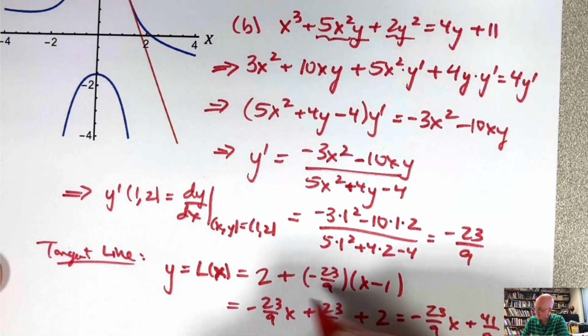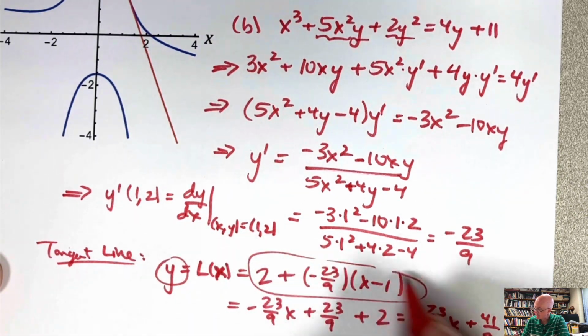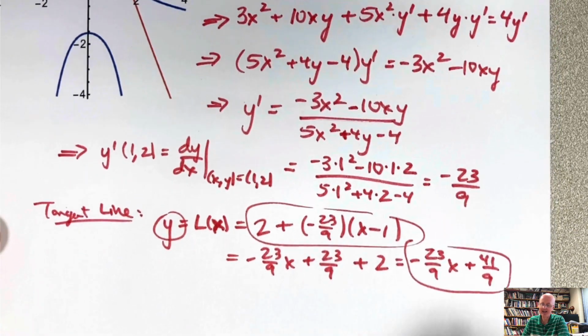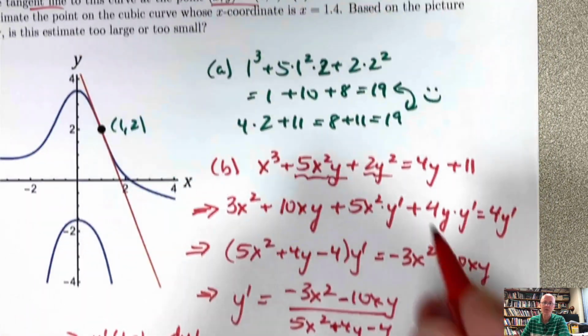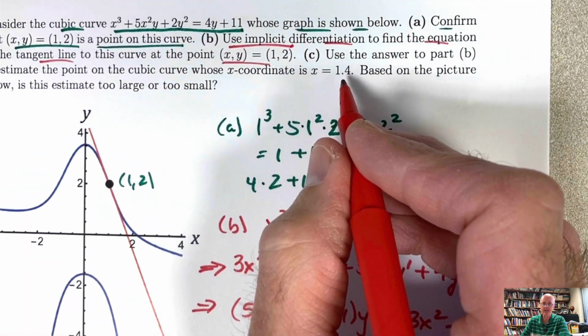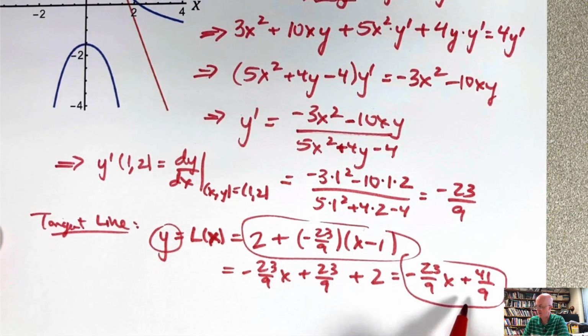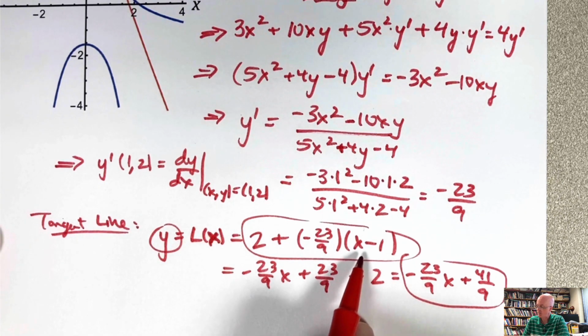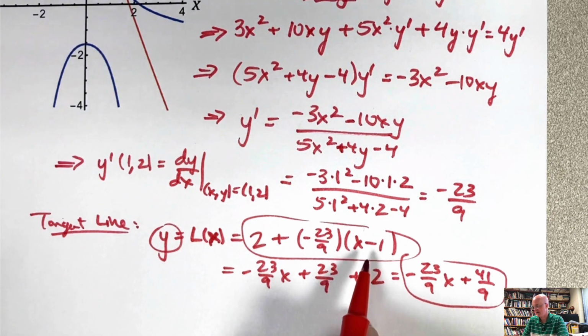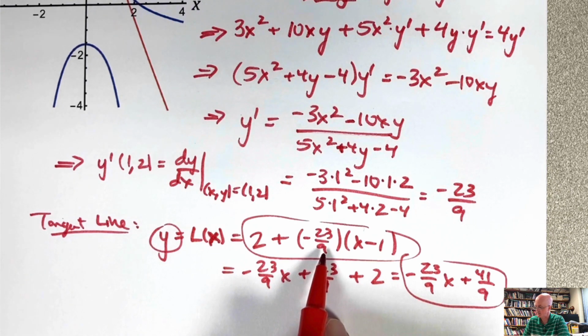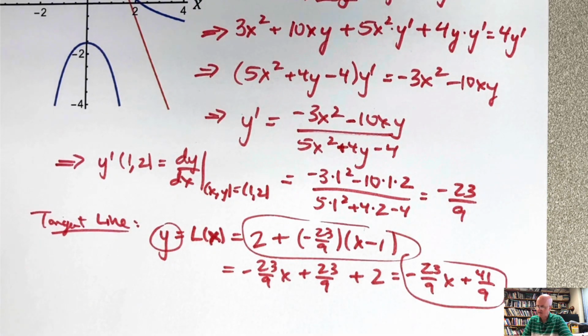But to tell you the truth, to approximate the function at x equals 1.4, as we will do in part C here, it's actually a little easier to use this form of the equation instead of that form. I mean, it's not hard using that form either, but when you replace x with 1.4 here, this is very easy to compute. So it's maybe a little quicker, and can even be done in your mind sometimes if this slope were simpler. That's what we're going to do in part C.